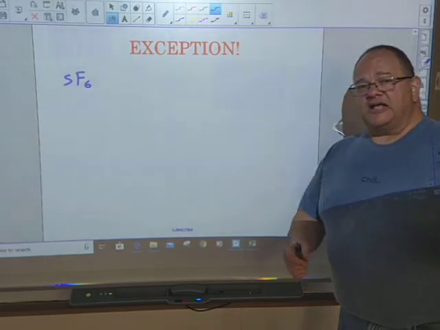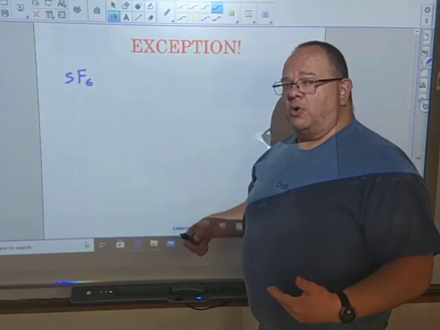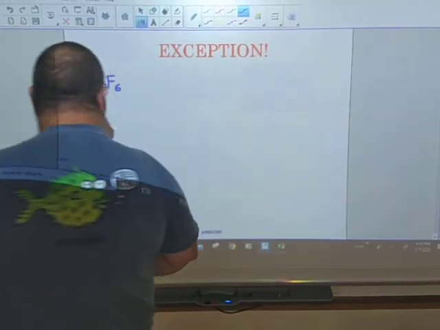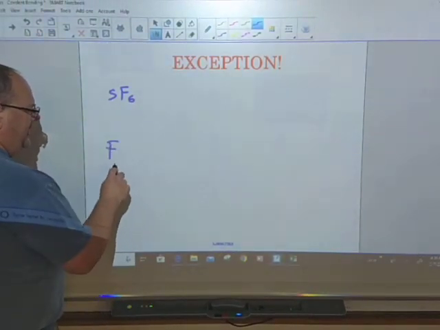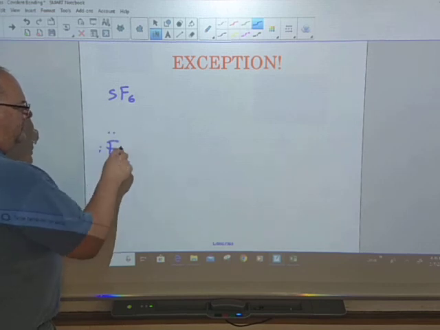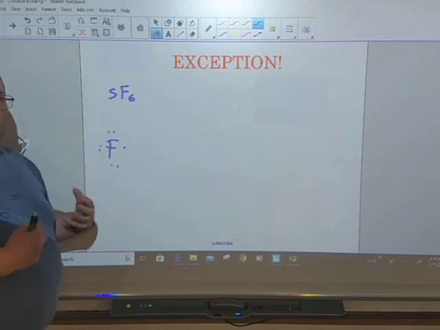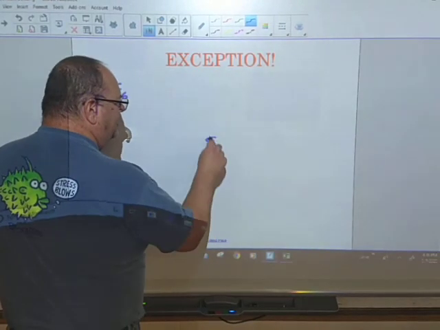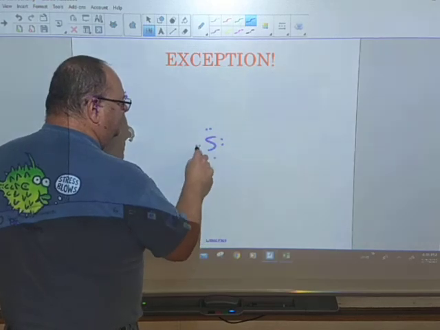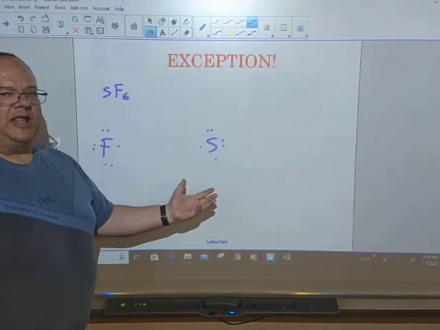Now, after doing that last one, this one should be easier to understand. Sulfur hexafluoride. Well, fluorine, that same thing again, it's got 7 valence electrons, right? It wants to make 1 more bond. It wants 1 more electron. Sulfur has 6 electrons. Gee, there's 6 fluorines that each want an electron.